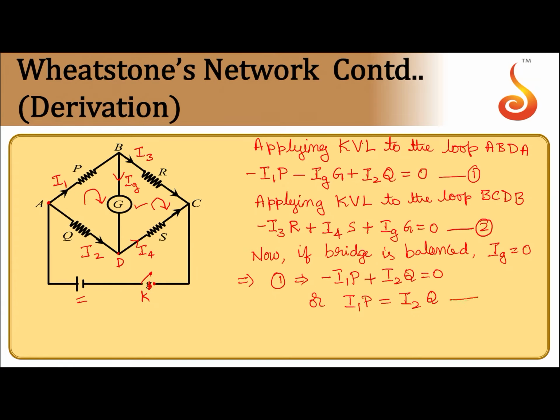Call this equation 1A. Similarly, equation 2 becomes minus I3 into R plus I4 into S is equal to 0, or you can consider it as I3 into R is equal to I4 into S. Call it equation 2B.